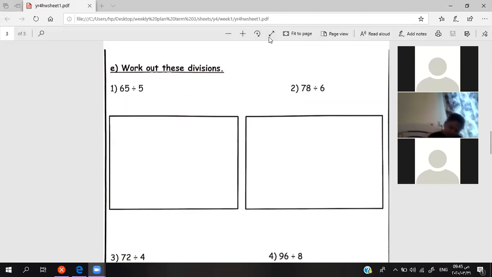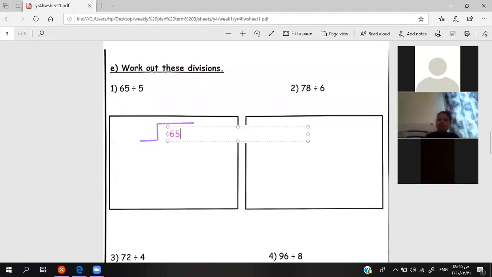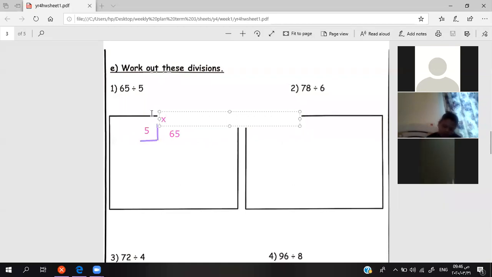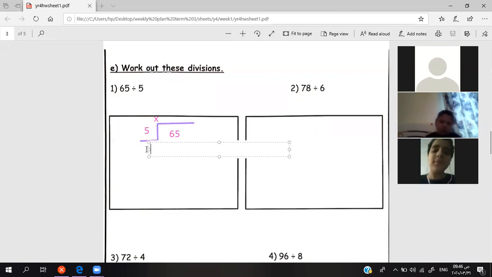Let's try. Inside I'm going to write my 65, and outside the 5, and don't forget to make a times here, and an equal here. I divide, I multiply, and then I minus, and then the number goes down.